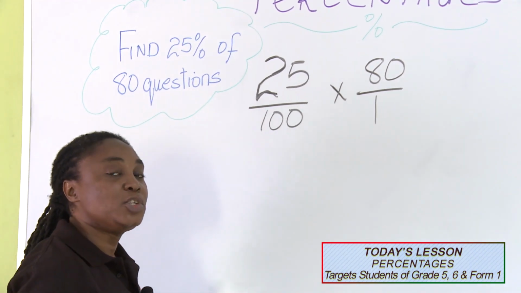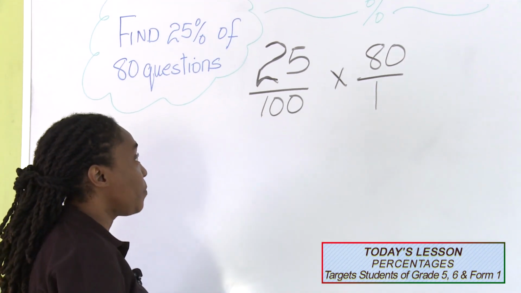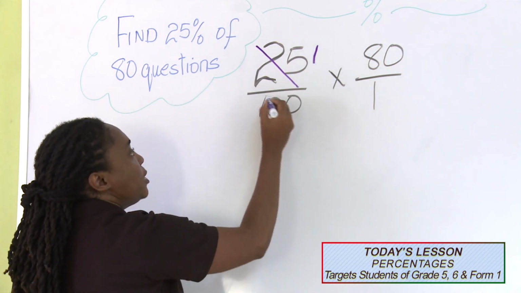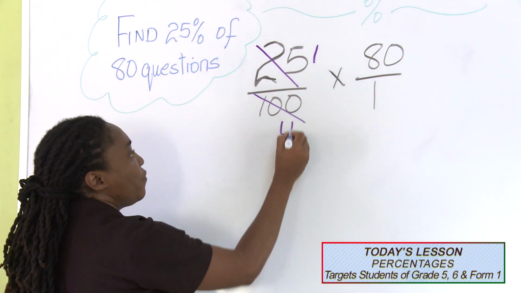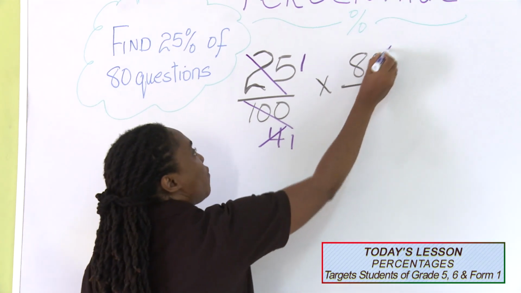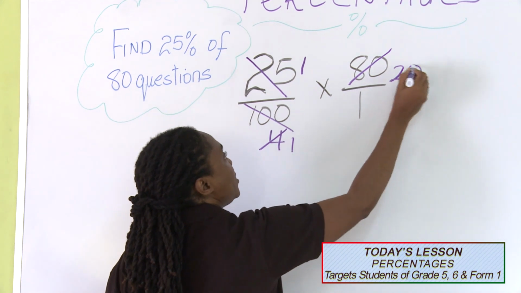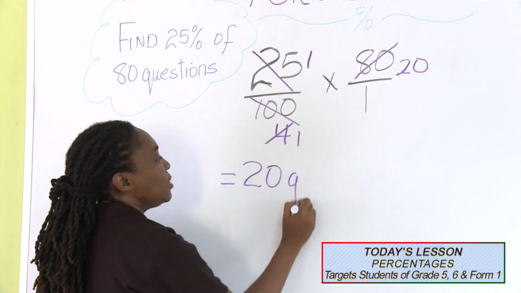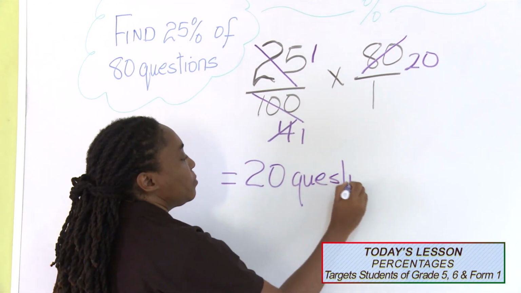That will represent the quantity of questions in the test. Let us break down 25 into 25, 1. 25 into 100, 4. 4 into 4, 1. And 4 into 80 will give me 20. It therefore means that he got 20 questions incorrect.